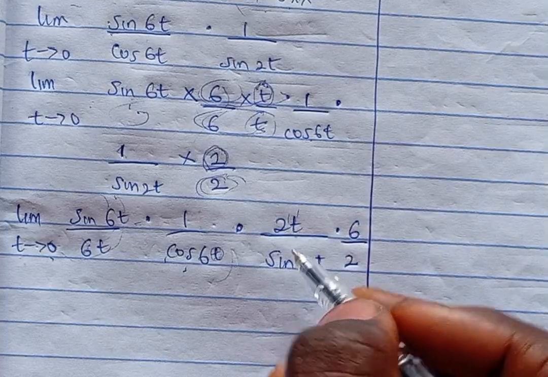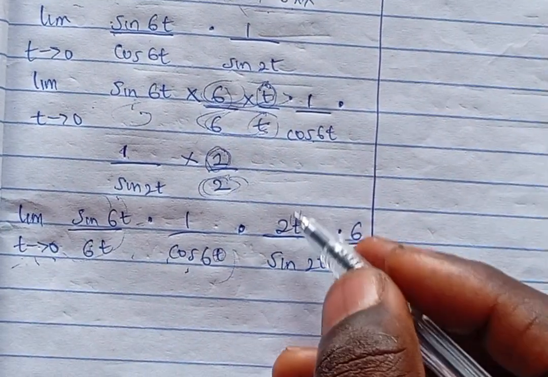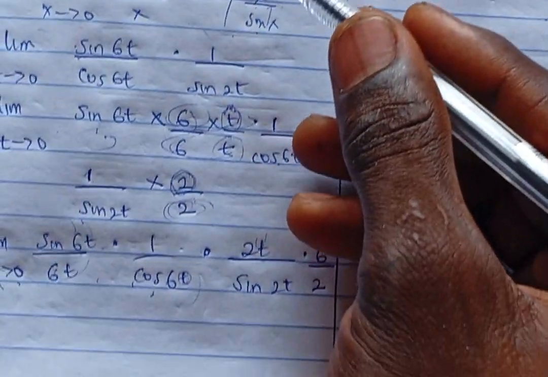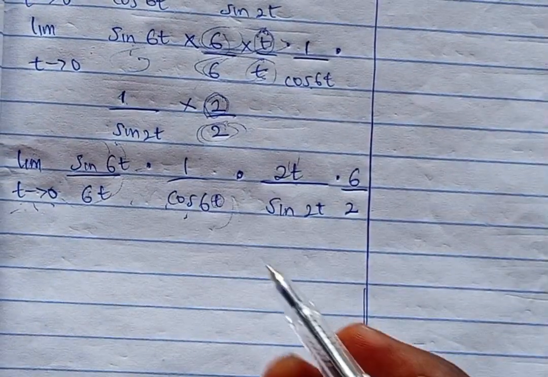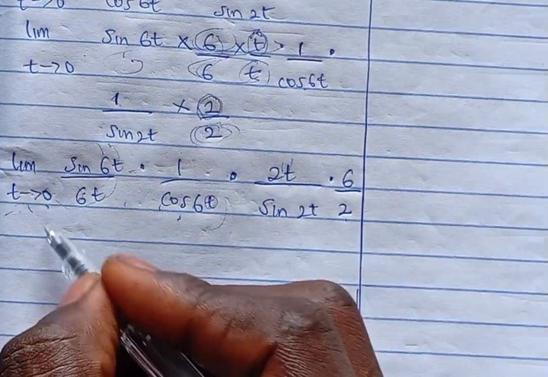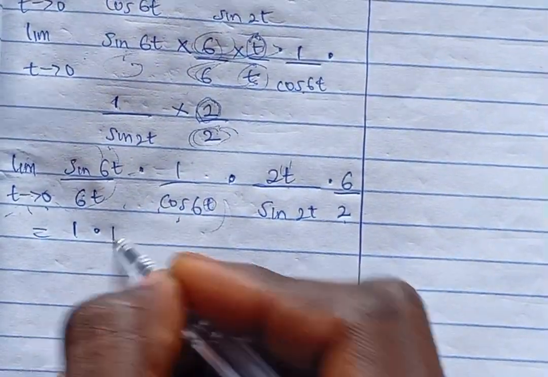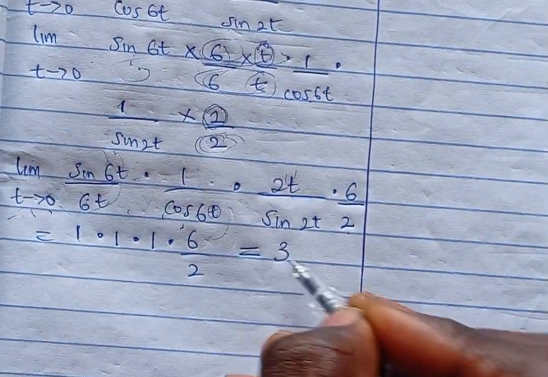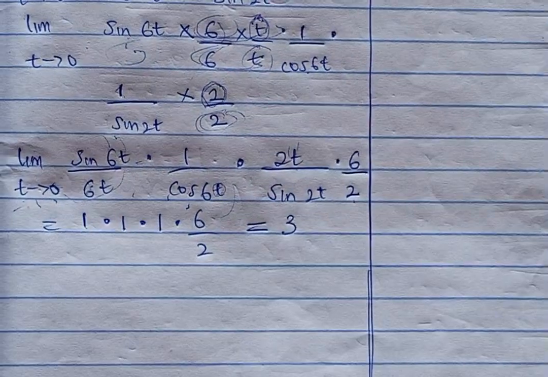This one is also a standard limit, and the limit as this tends to 0 will also give us 1. Now it remains 6 over 2. So 1 multiplied by 1 multiplied by 1 multiplied by 6 over 2, which is 3. So that's the answer for the question.